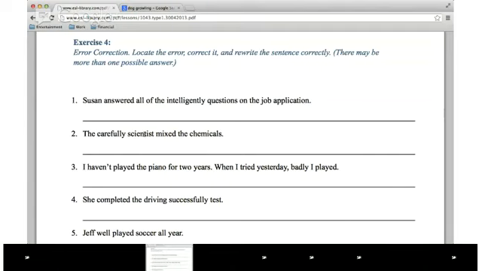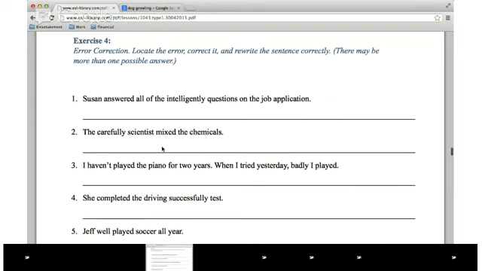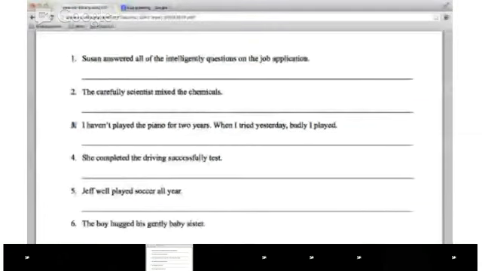The science mixed. The science carefully. Scientists carefully mix the chemicals. Okay, or right, the scientists mix the chemicals carefully. Exactly. Okay, but saying mixed carefully, we could not do that here in this instance. Okay. All right. How about number 3?